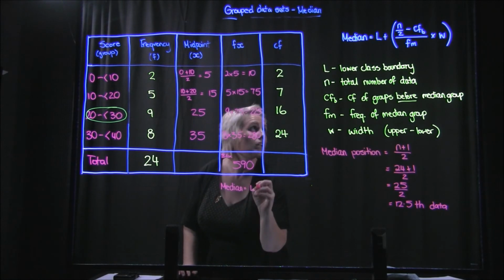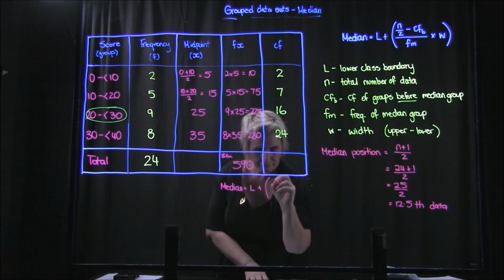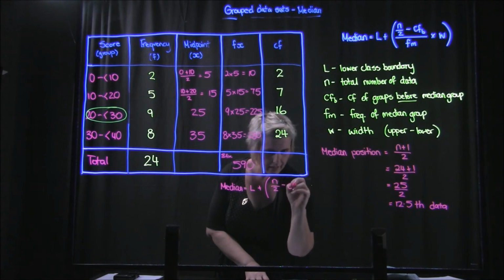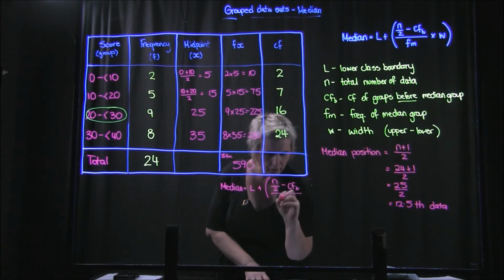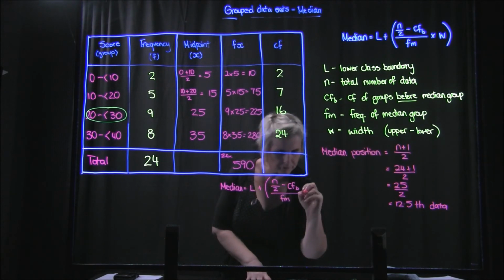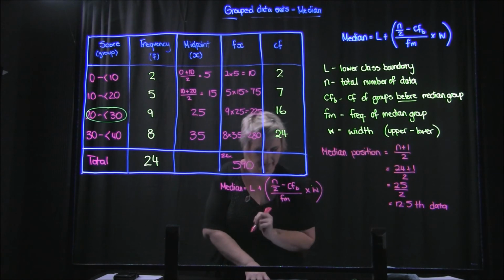So L plus, n over 2 minus our CF little b, all of that over the frequency of the median group, multiplied by the width. Put that all in brackets.